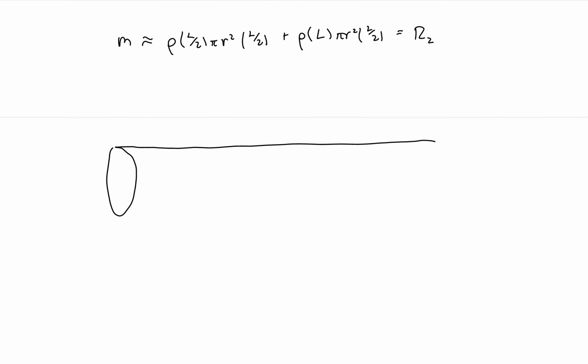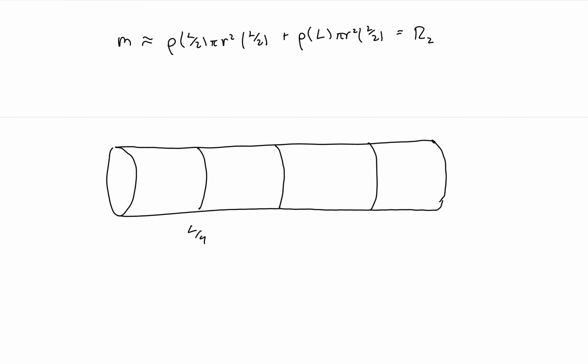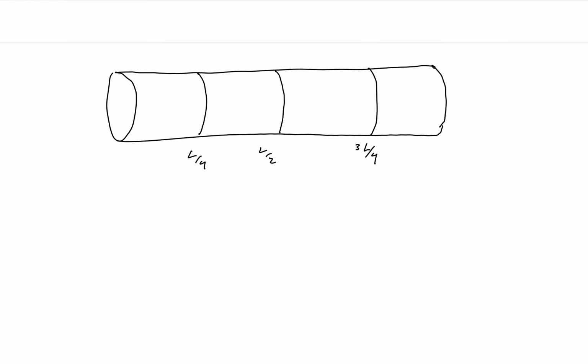Instead of breaking it into 2 pieces, we could break it into 4 pieces. So notice this is L over 4, L over 2, 3L over 4. And so again, we could approximate this with the left-hand sum. This L is not the same as the L for the length. And this would be rho of 0 pi r squared.